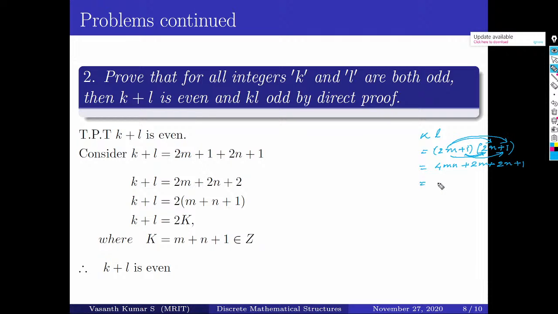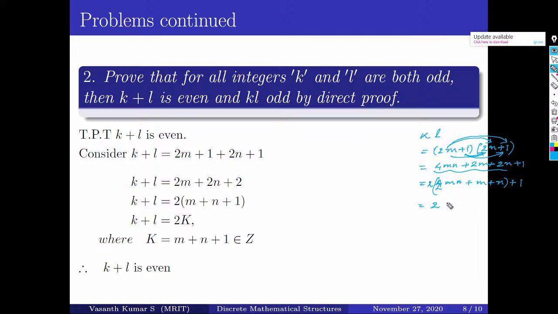So simplifying this, I will get 4mn. No need of simplifying, just consider the common term. What are you going to get as common term there? If you take 2 as common term, 2mn plus m plus n plus 1.